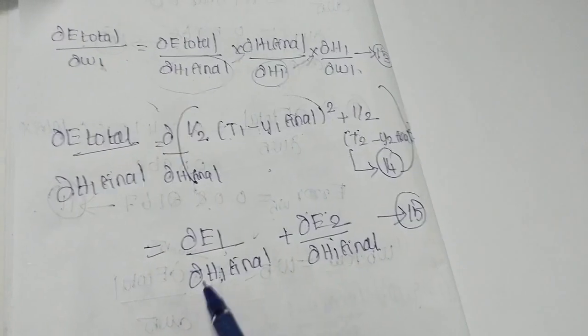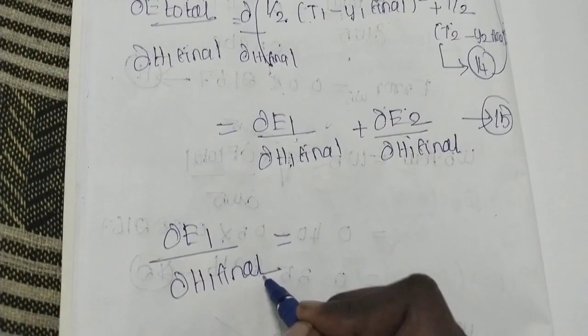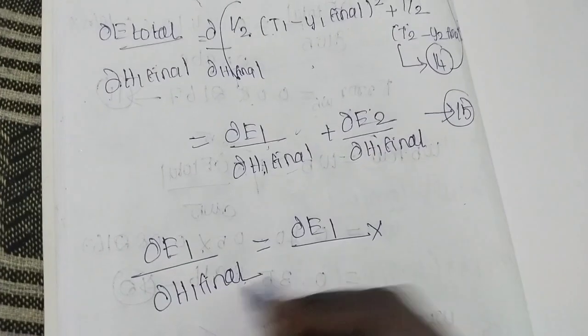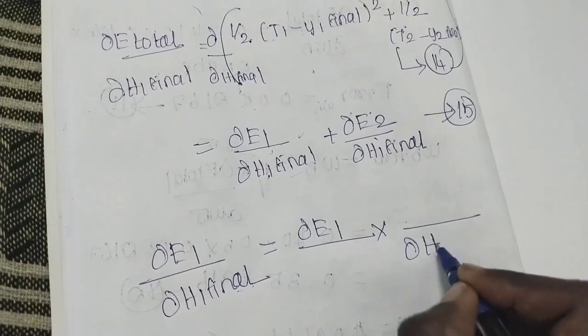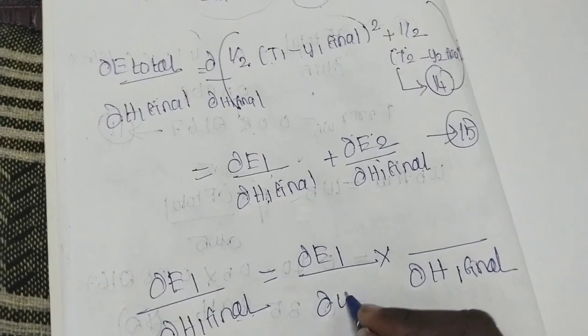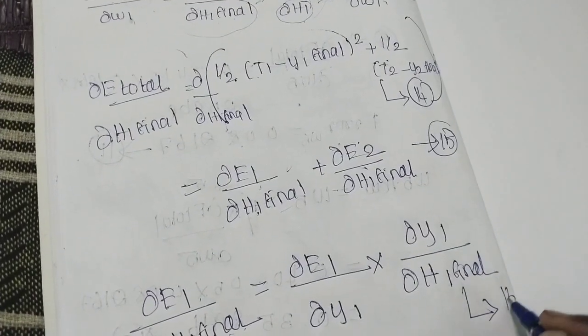So I want to elaborate this equation: ∂E1/∂H1 final. Here you just add ∂H1 final. I am adding one extra term, ∂Y1, here also ∂Y1. So this is equation number 16.